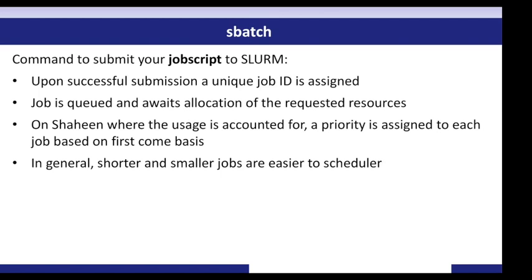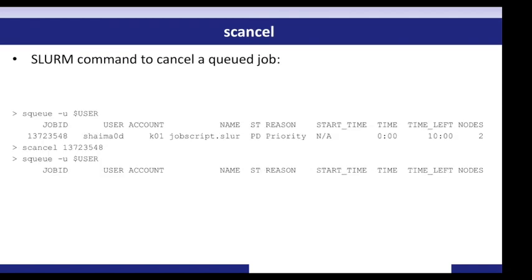In general, shorter and smaller jobs are easier for the scheduler to schedule. Longer and larger jobs are a bit more difficult, if the resource is scarce. That means if the resource is less, then the scheduler might schedule it for a later time. But that depends on the nature of the job.